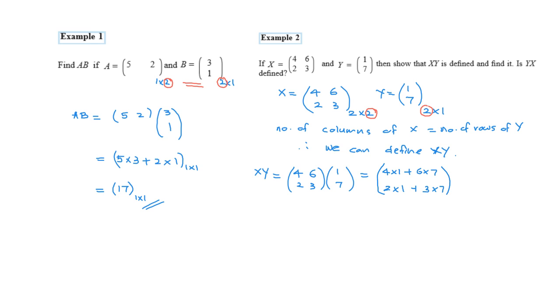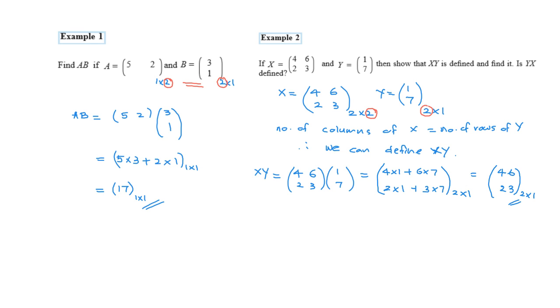So what's the order of the resultant matrix? XY should be 2 by 1. You have 4 plus 42, that is 46, and 2 plus 21, that is 23. 2 by 1. This is XY.